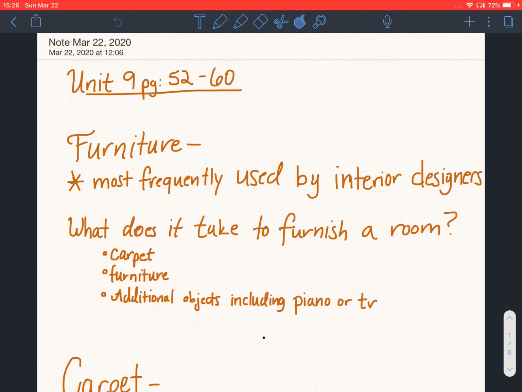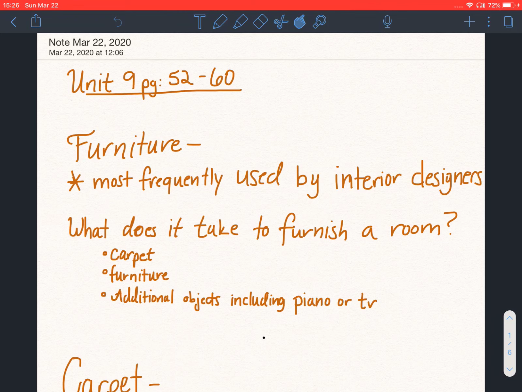For Unit 9, I know that you guys have read up on furniture and interior design, and how to lay out a house and how the structural blueprint of a house works. Today we're going to take that concept a little further, talking about furniture that's usually used by interior designers and how they furnish a room and make it look nice.